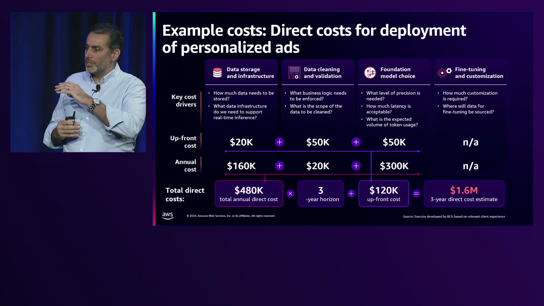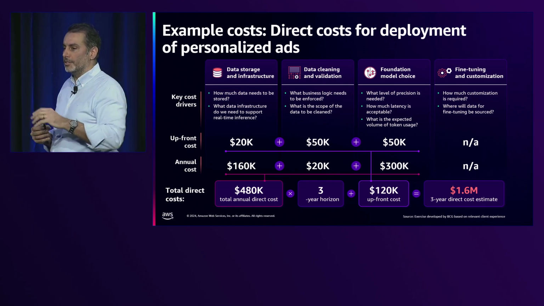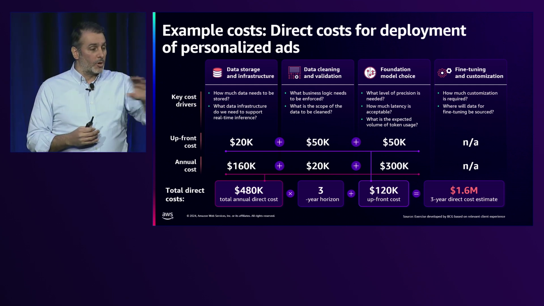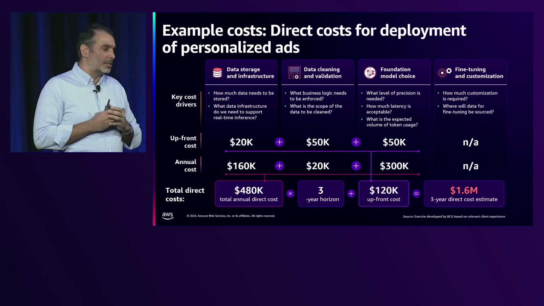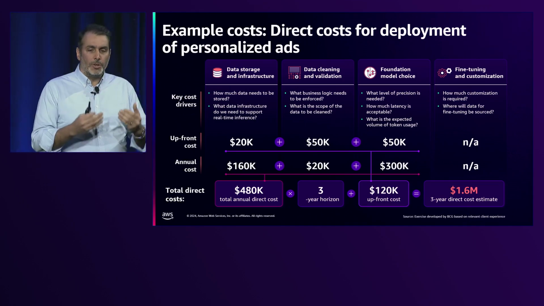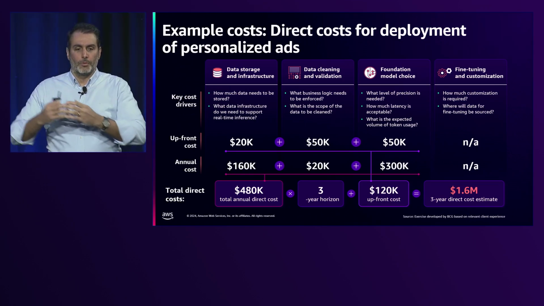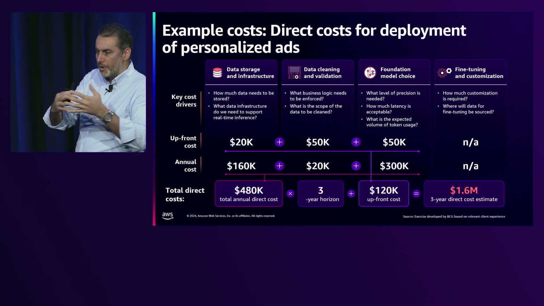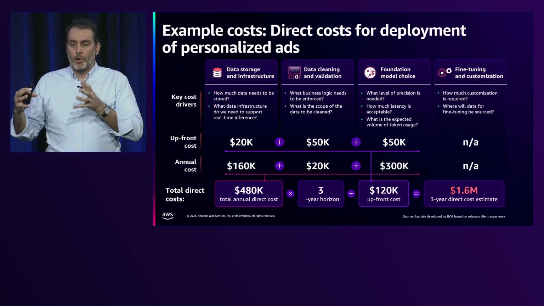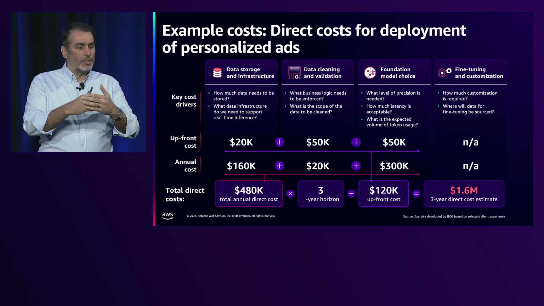Now, what you note here is that there's an upfront line, and then there's basically annual cost. I'm not calling the upfront cost a POC cost because I feel it's the investment you're making for the long term, right? You're preparing this solution, you're preparing all of these architectures, you're preparing the infrastructure for long-term usage of this. It's not just for the duration of the POC.